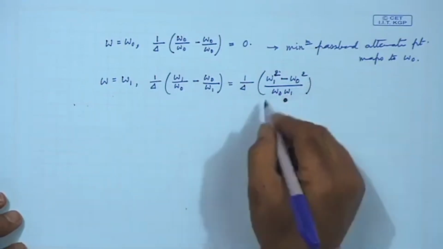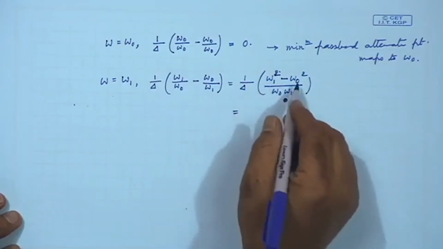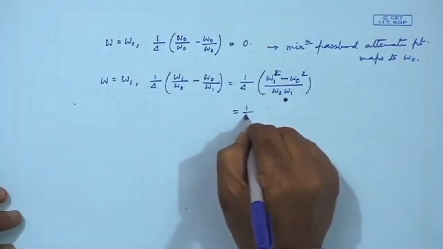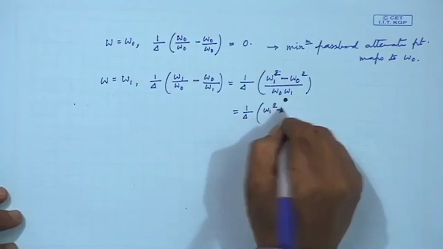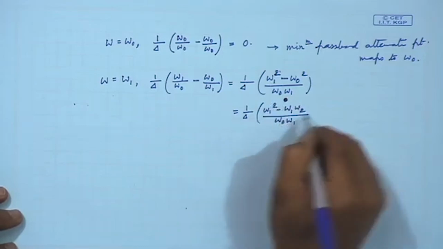Then you can find out what omega naught square is. You see already we have put this. So, 1 by delta, omega 1 square minus omega 1 omega 2 by omega naught omega 1.